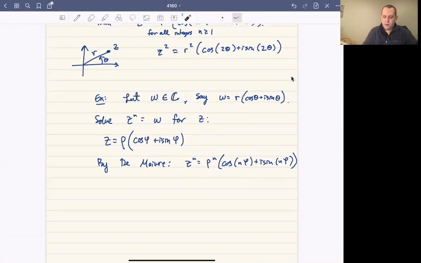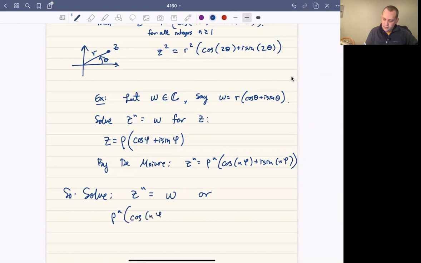Now what we're going to do is set this equal to omega. Remember our goal is to solve z to the n equals omega. That means that rho to the n times cosine of n phi plus i sine of n phi is equal to r times cosine theta plus i sine theta.